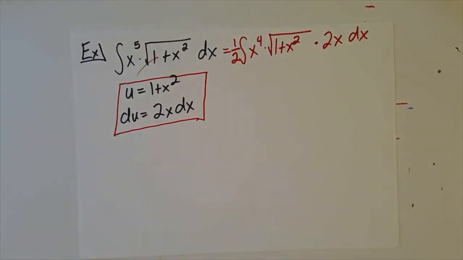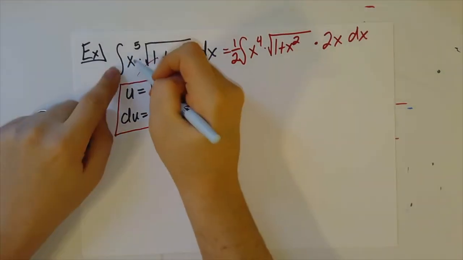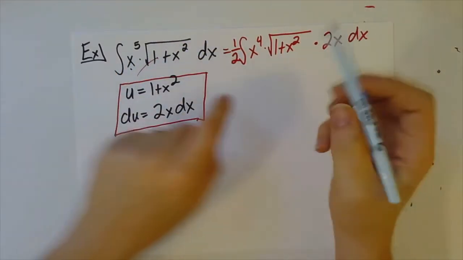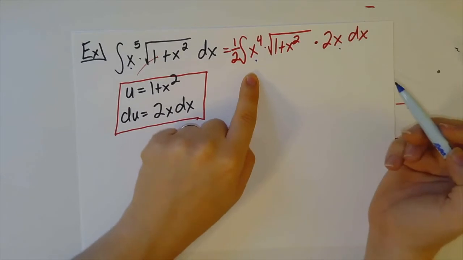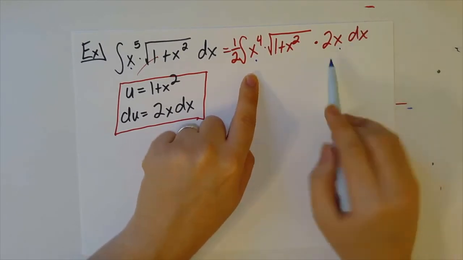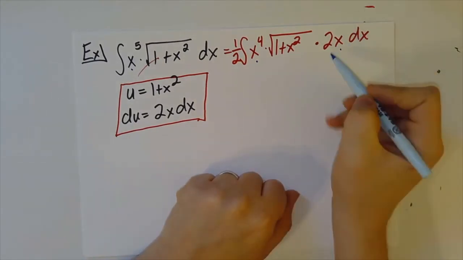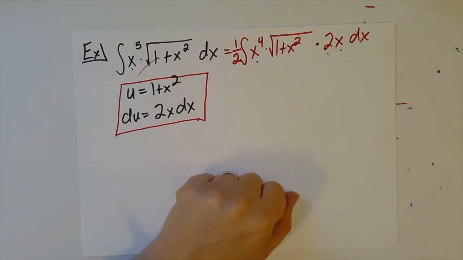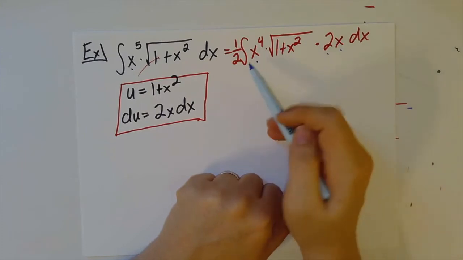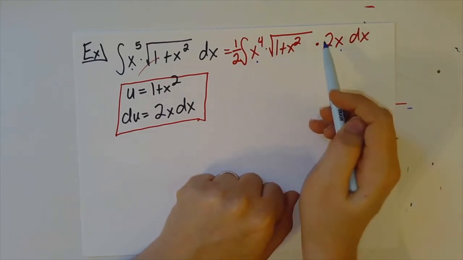Okay, and so here I did two things. One is I broke up the x to the fifth into two pieces, one x to the fourth and one x, because remember x to the fourth times x is x to the fifth. You add the exponents, the 4 and the 1. And I got the 2, I borrowed this, and I paid for it with the 1/2 out front, because 1/2 times 2 is 1.